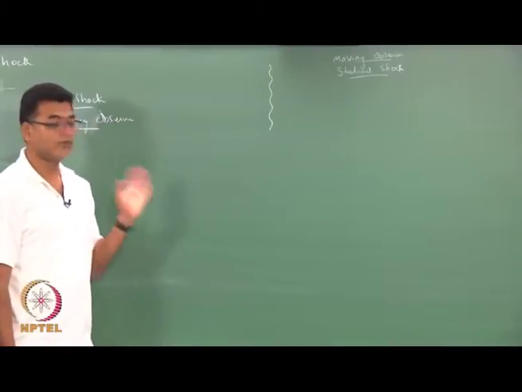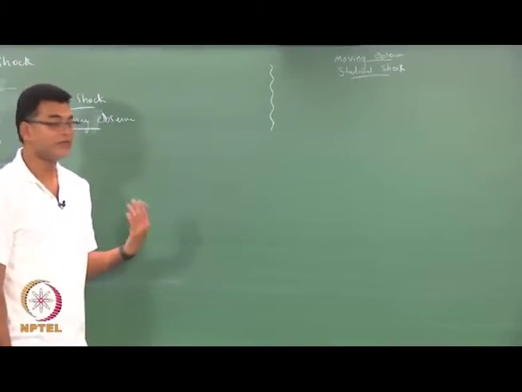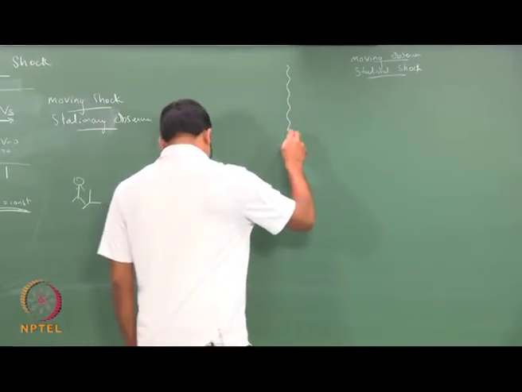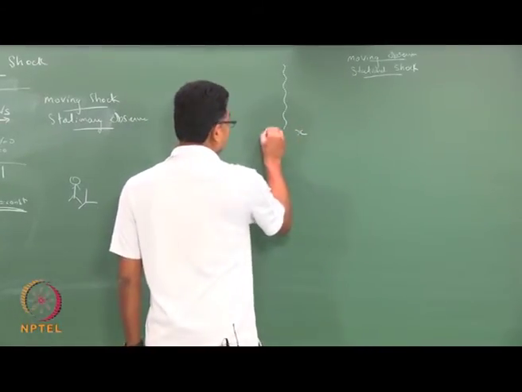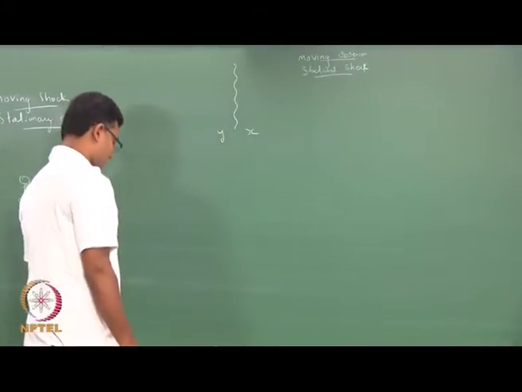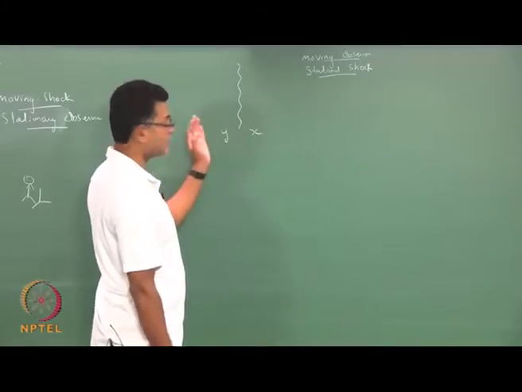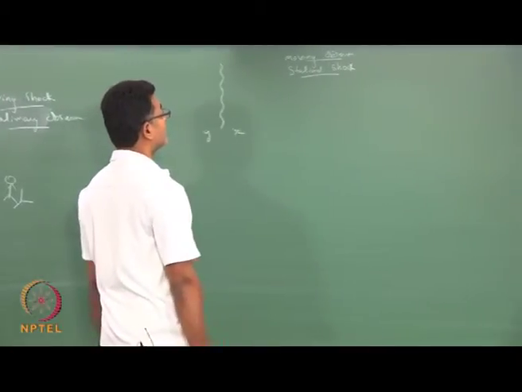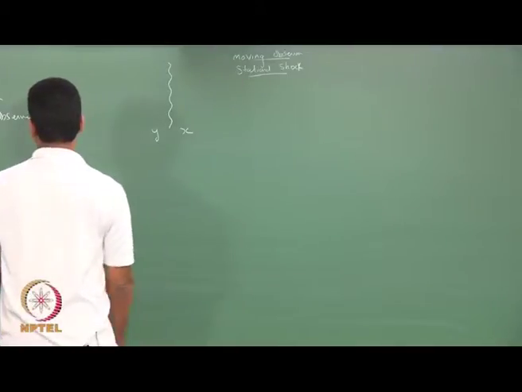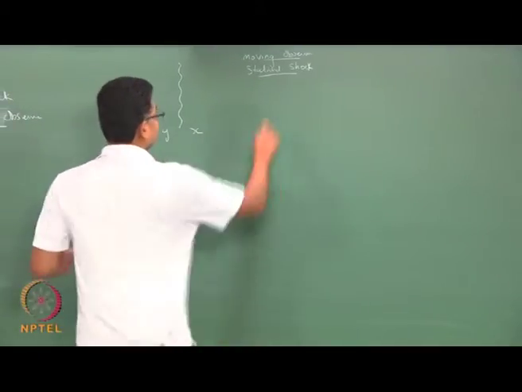Let us see what are the properties that would change when we do this. Here I would have x and y, x is before the shock, y is after the shock, or behind the shock, as we called that in the stationary shock.